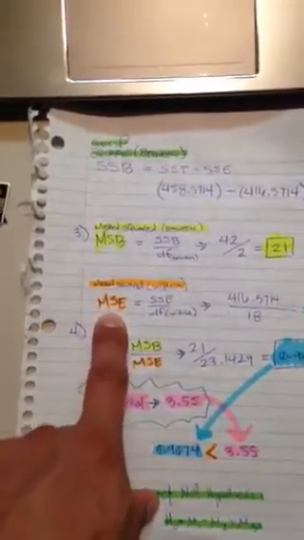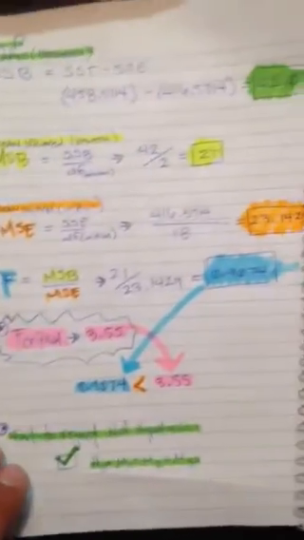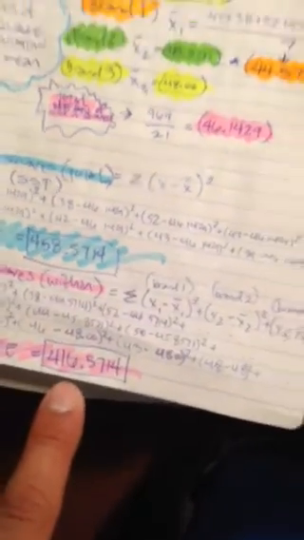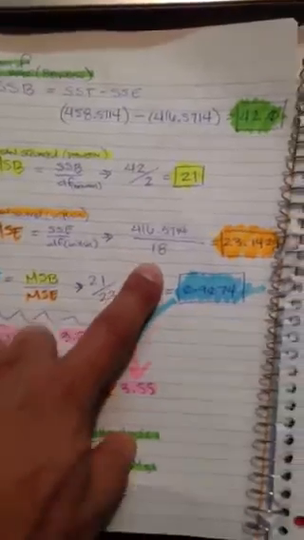And then my mean squared within. My degrees of freedom is going to be 18, and the within down here is 416.5714. I plug those in, get 23.1429.